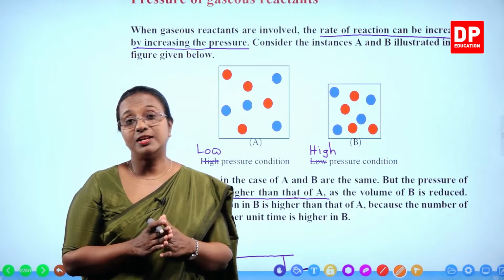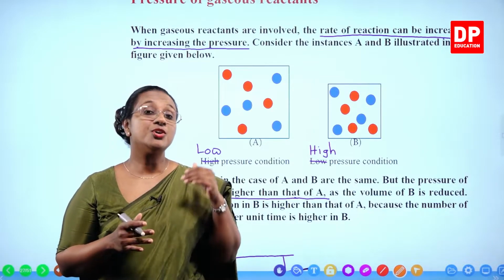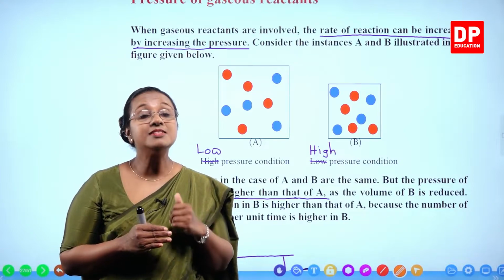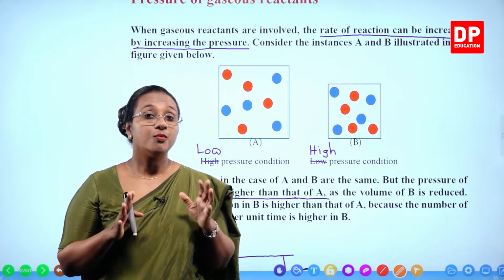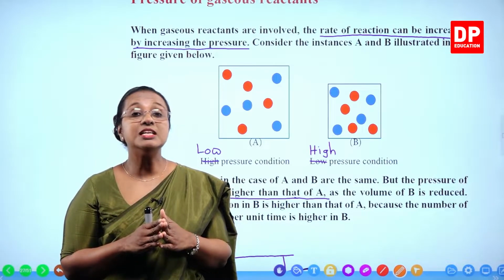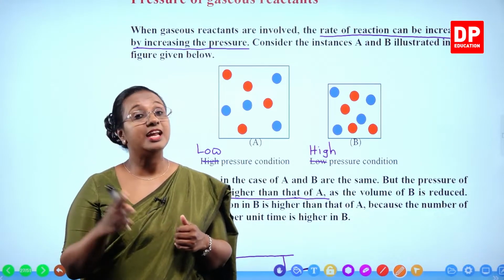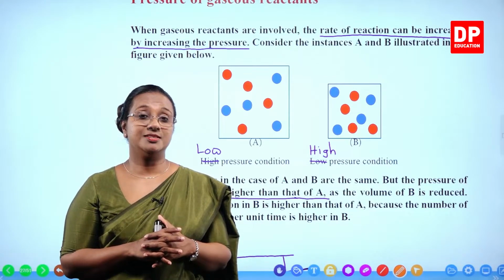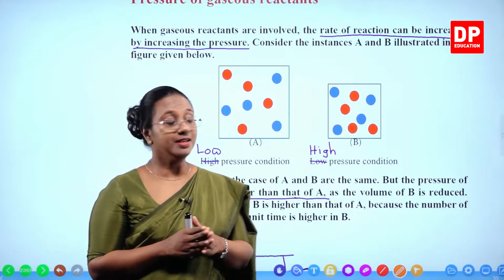In that particular reaction, the reactants are gaseous reactants. So, there, if you increase the pressure by decreasing the volume, you can increase the rate of reaction. Why? Because when you decrease the volume, the number of collisions per unit time increases. So, because of that, the rate of reaction increases. You have to remember that, student. So, with that, I will move on to the next slide.